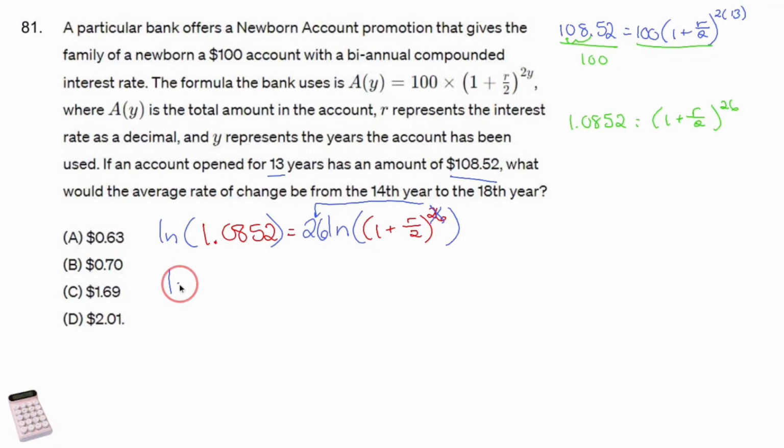So now I have ln of 1.0852, whatever that is, equals 26 ln of 1 plus r over 2. There you go. Now what I can do is divide both sides by 26.